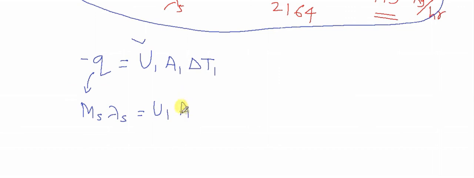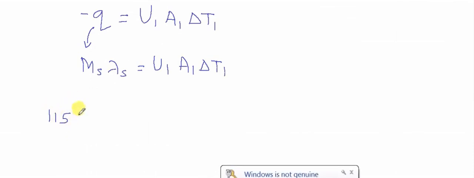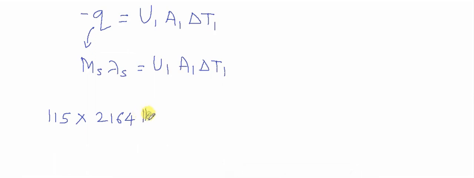So we have to substitute those values now. Ms is 115, into lambda s, which is 2164. Please note it is kilojoule per kg, and this quantity is kg per hour.